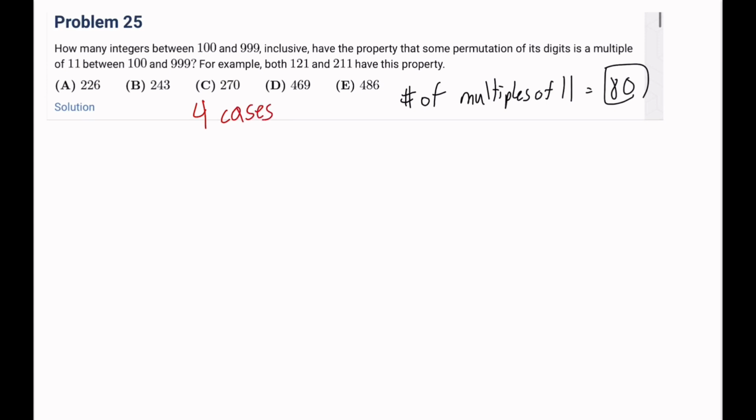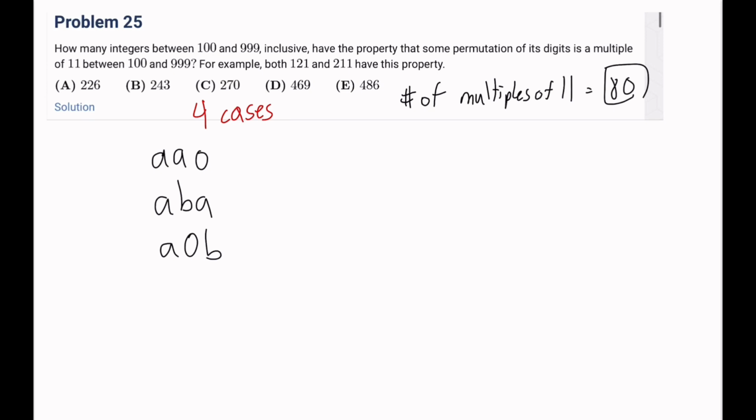It's when we have something like AA0, like 110 or 220, or we can have ABA, like 121, 242, 484, stuff like that, or we can have A0B, like 308, that's a multiple of 11, or like 209.